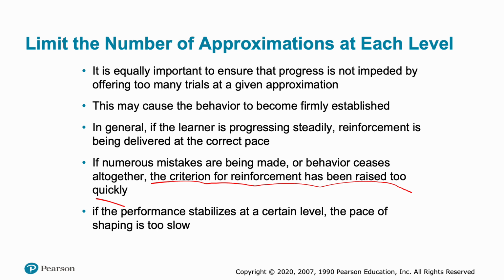So when this happens to you, go back a few steps, reinforce that response consistently again, and then you can start gradually increasing up the ladder again. So if performance stabilizes at a certain level, the pace of shaping is too slow. I mentioned this when we were talking about this one.